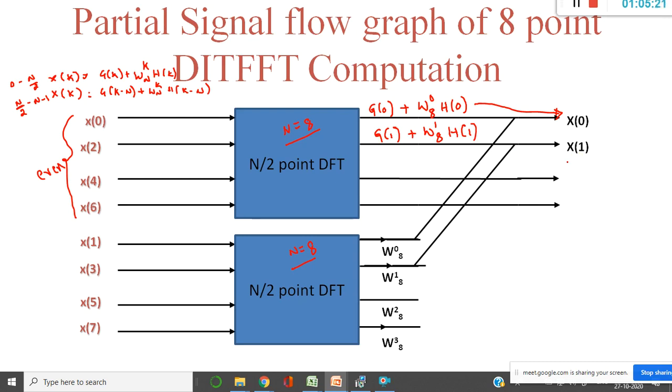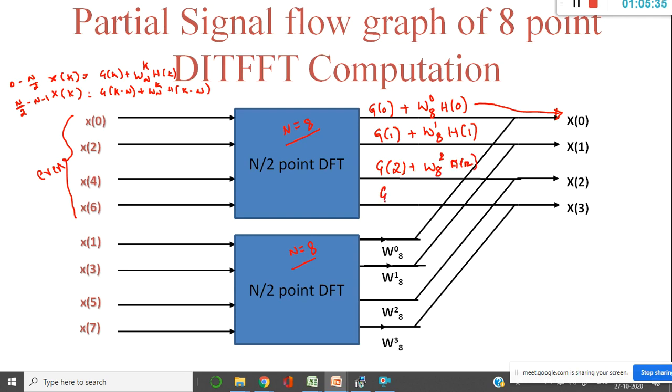Similarly, X of 2 and X of 3 are calculated as g of 2 plus W_8 to the power of 2 times h of 2, and g of 3 plus W_8 to the power of 3 times h of 3. Now we need the rest four, that is X4, X5, X6, X7.